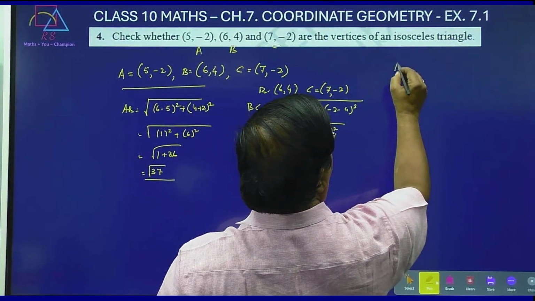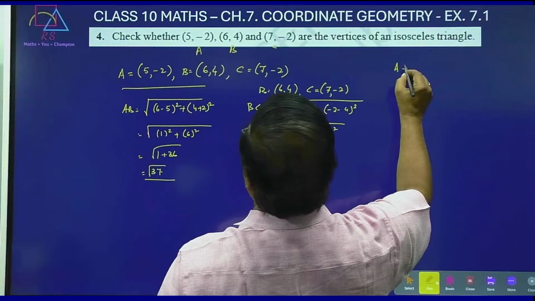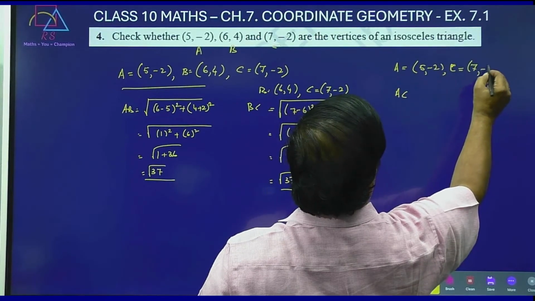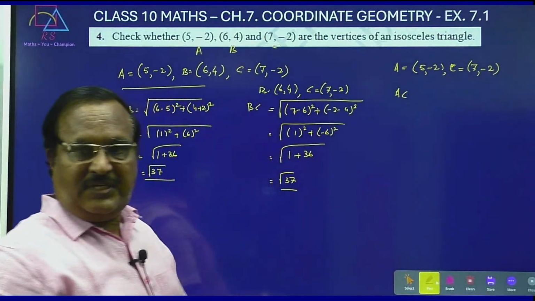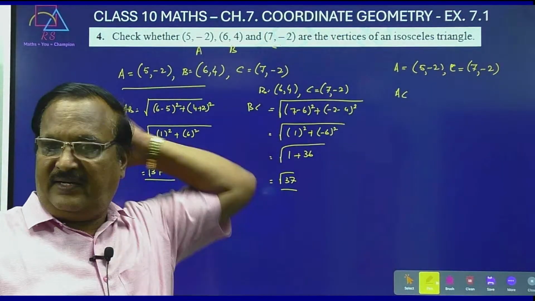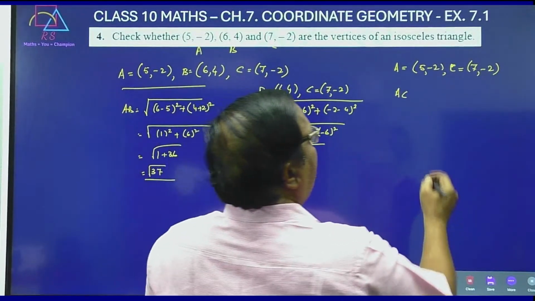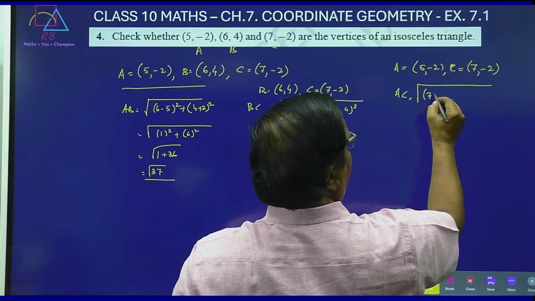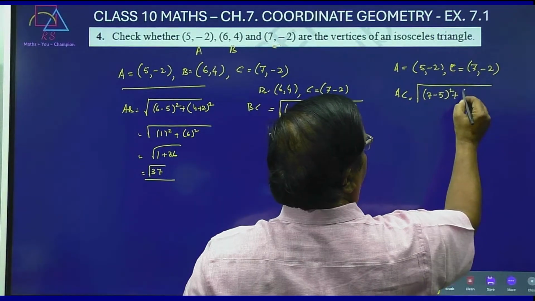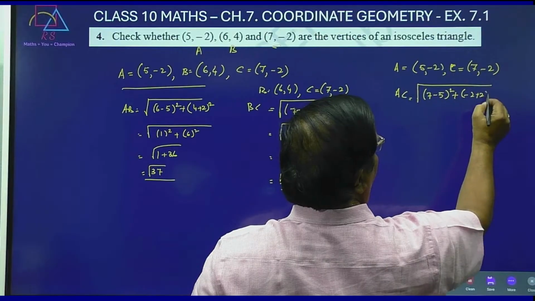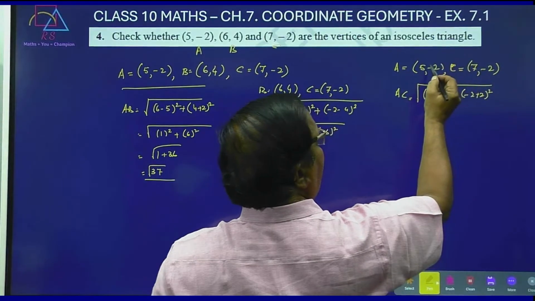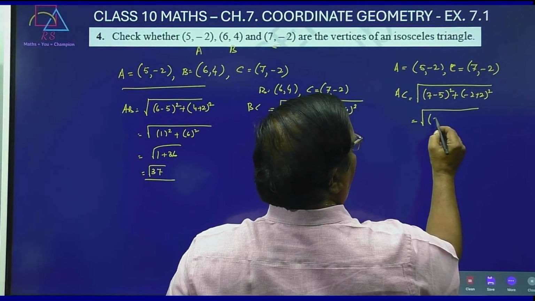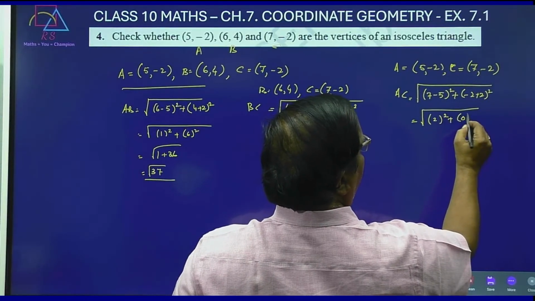AC. So A is equal to (5, -2) and C is equal to (7, -2). So that it will be easy to find out. Okay. So now AC is equal to square root of (7 - 5) whole square plus (-2 + 2) whole square. Because -2 minus -2 will become plus 2. 7 minus 5, 2 whole square, and this is 0 whole square.